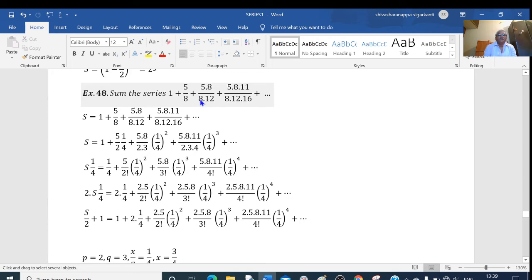Now, let me write this equal to S. And then we write S is equal to 1 plus. So here we have 3 terms. If I take 4 as the greatest common divisor of these three, then this can be written as 4 cube into 4 factorial.